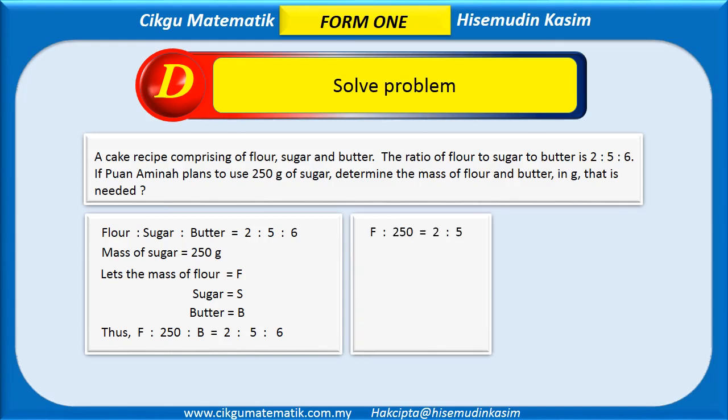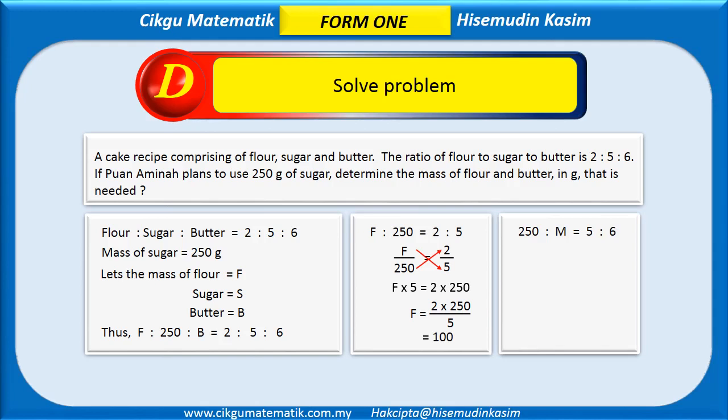The ratio of F to 250 equal to 2 to 5. F over 250 equal to 2 over 5. F times 5 equal to 2 times 250. F equal to 2 times 250 over 5 equal 100.